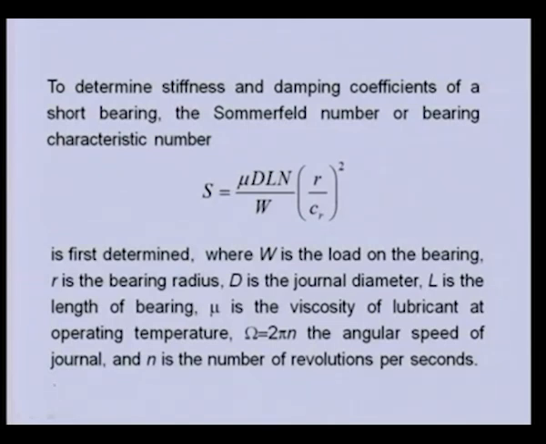Generally, we obtain these bearing properties in terms of the Sommerfeld number, which is defined like this, where d is the diameter of the bearing, L is the length of the bearing, n is the revolution per second, this is the weight of the journal, this is the radius of the journal, and this is the radial clearance between the journal and the bearing.